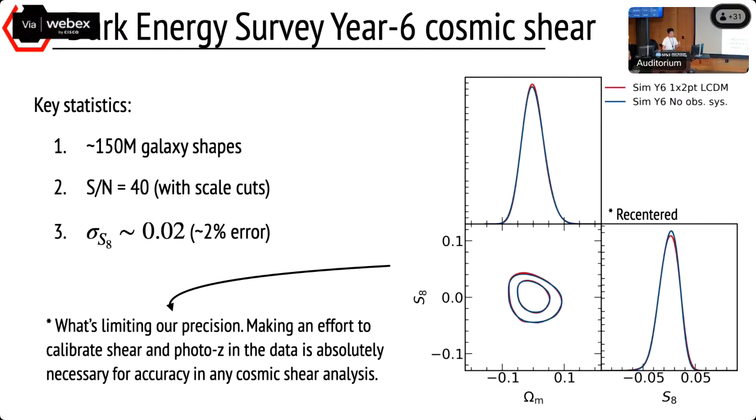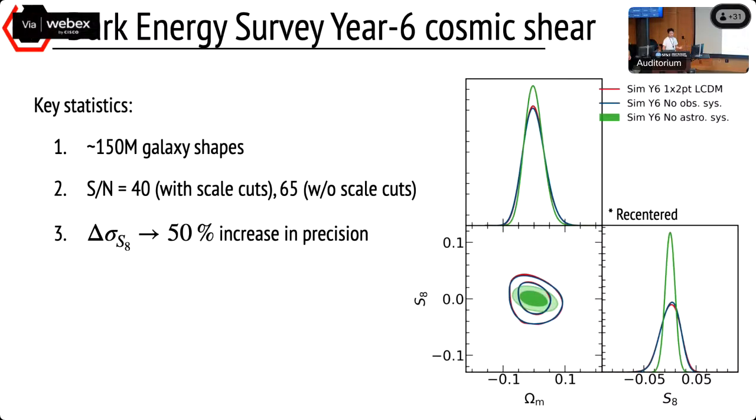So what really prevents us from achieving a better precision? What limits us is the lack of better understanding of astrophysical modeling, as you probably guessed. So signal-to-noise on the cosmic shear would have been 65 if we don't have to waste any data.